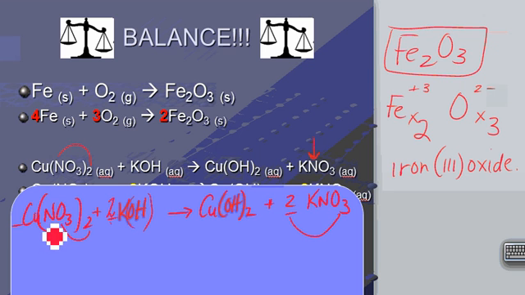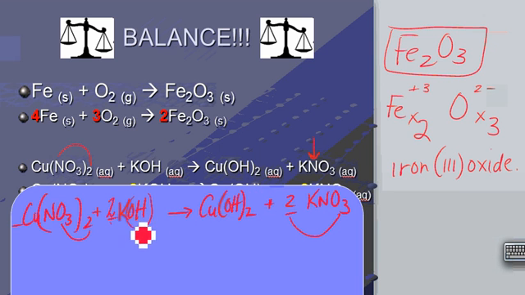We have 1 copper, 2 nitrogen, 6 oxygen, 1 copper, 2 nitrogen, 6 oxygen, 2 potassium, and 2 hydroxides, 2 hydroxides.